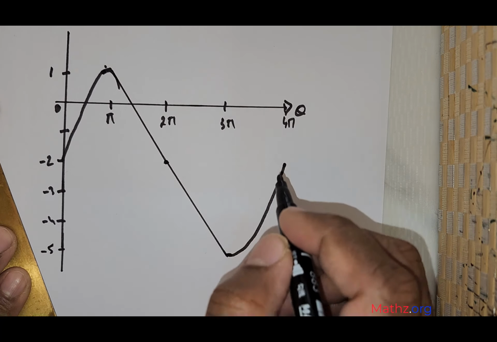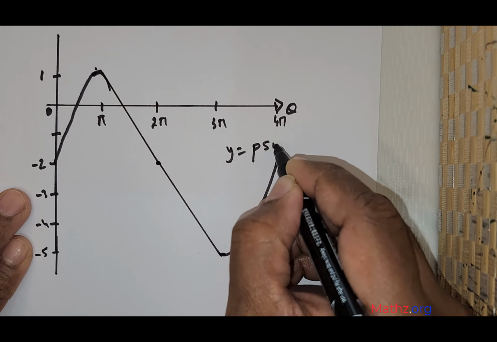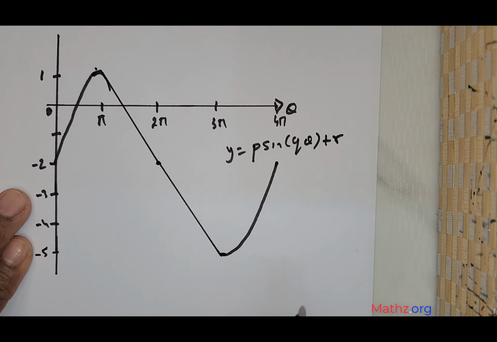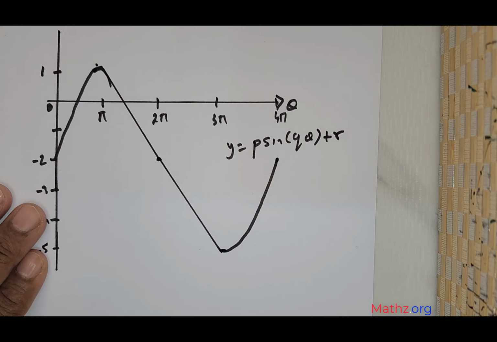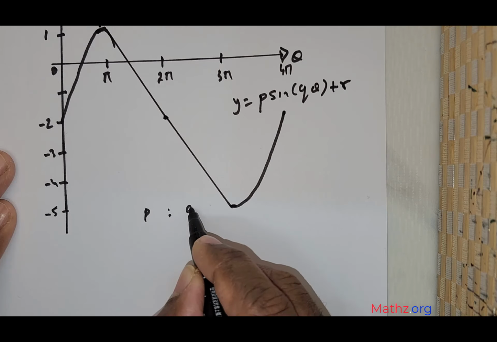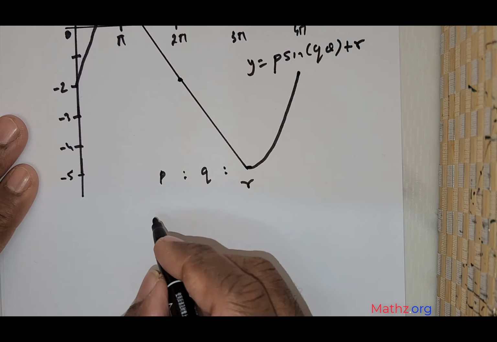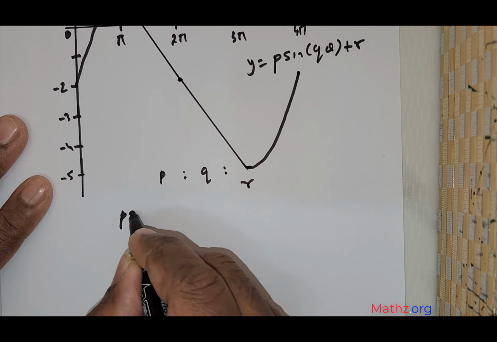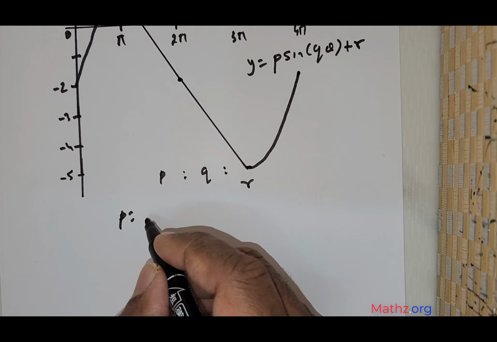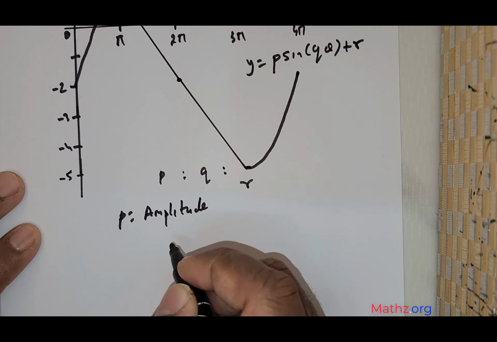Okay, and the curve is given as y is equal to p times sine of q theta plus r, right? And we are asked to get the values of p and q and r. Now p gives us the amplitude, right? So amplitude is got from p.